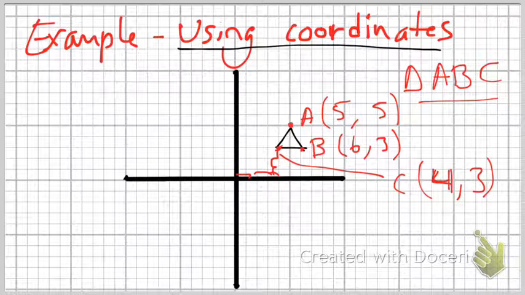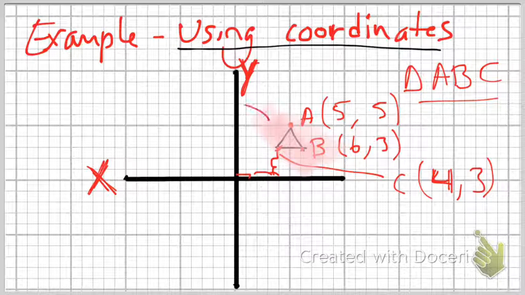Now, if I wanted to reflect this triangle on, say, the y-axis, remember, this is the x-axis, this is our y-axis. If I wanted to reflect it onto the y-axis, that means this image needs to go over here somewhere.